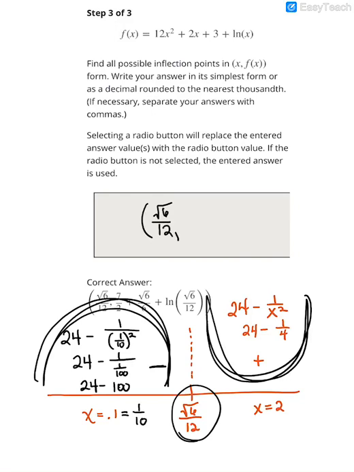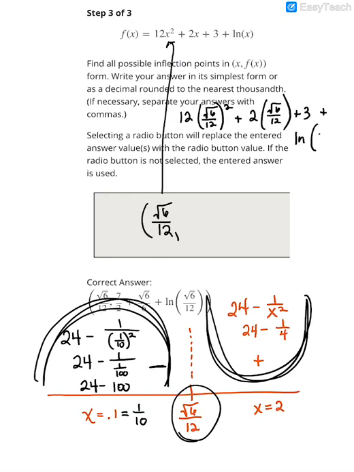And then to get the y-coordinate, we of course have to come back to the original function to plug in our x. So if I take 12 times my square root of 6 over 12 and I square it, and then I have plus 2 times my square root of 6 over 12, and then plus a 3, and then plus a natural log of my square root of 6 over 12.